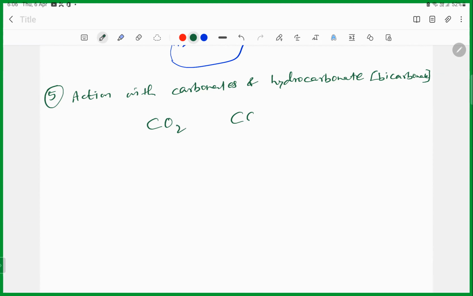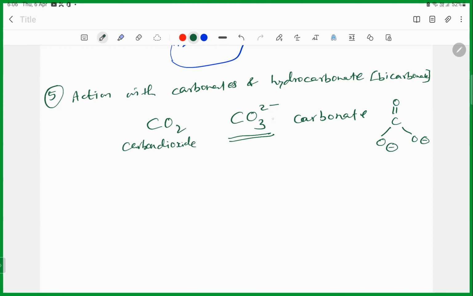When you add one more oxide, it becomes CO3 2 minus, which is called carbonate. Bicarbonate is HCO3 minus, which is called bicarbonate or hydrogen carbonate.